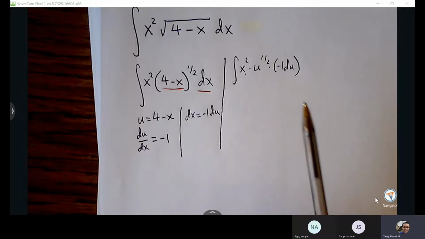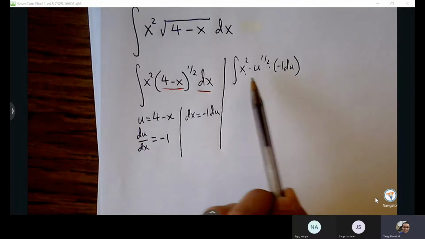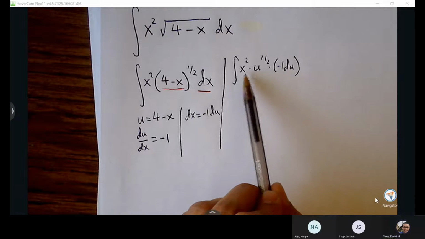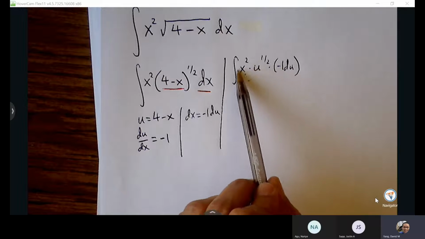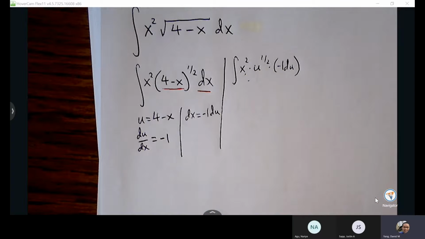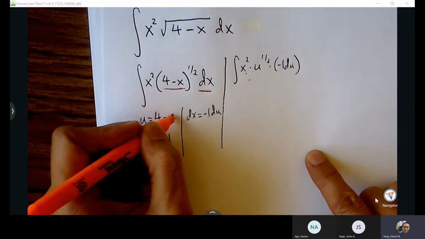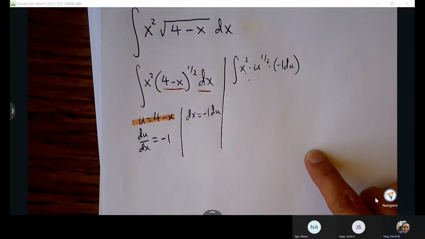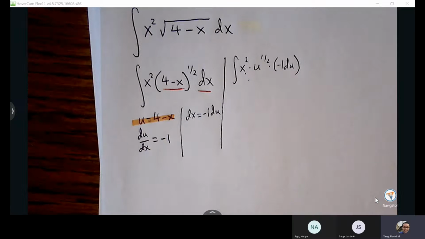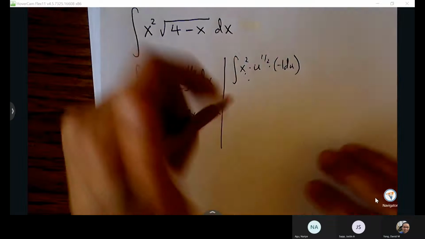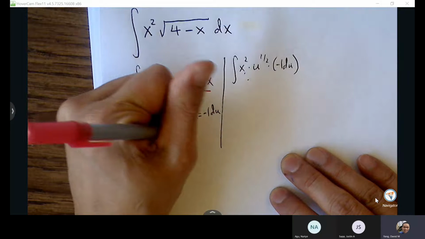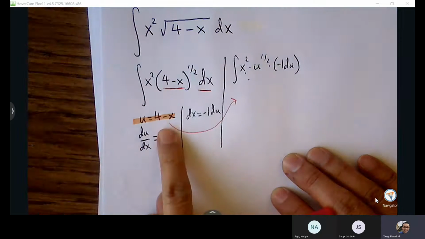Okay, we have to make sure that we understand we can't go through power rule in this state. We have to find a way to get that x to go away. So we have to rely on this equation between u and x to help us get there, right? So what if I solve for x? What's x equal to?